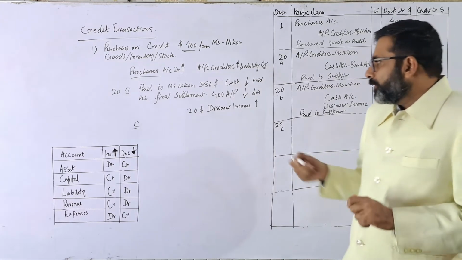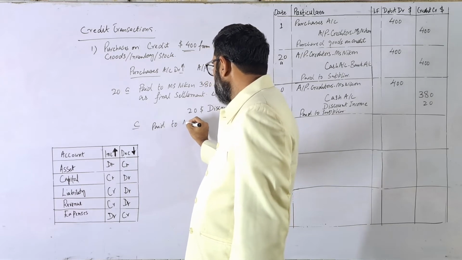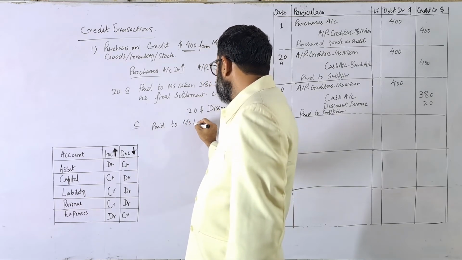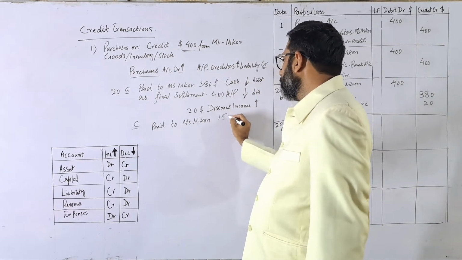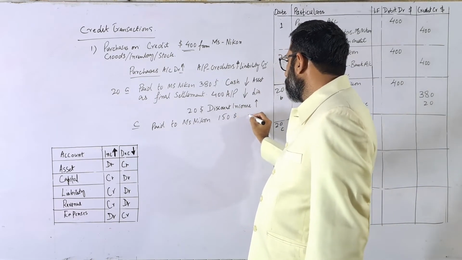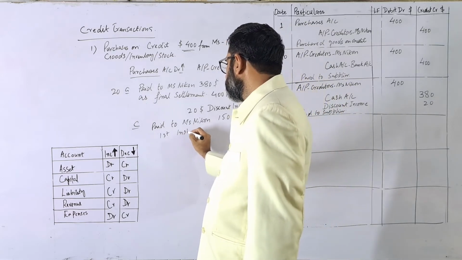So we say paid to Messrs. Lycon $150 as first installment.